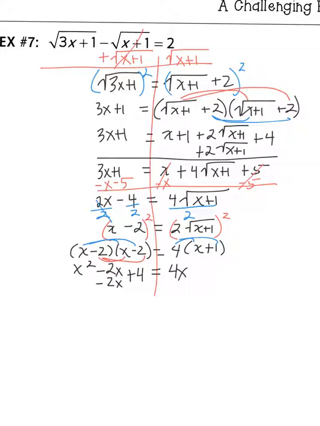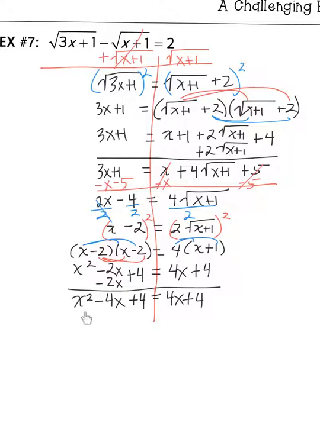And 4 times 1 is 4. Then let's collect like terms. And so I now have x squared minus 4x plus 4 equals 4x plus 4.